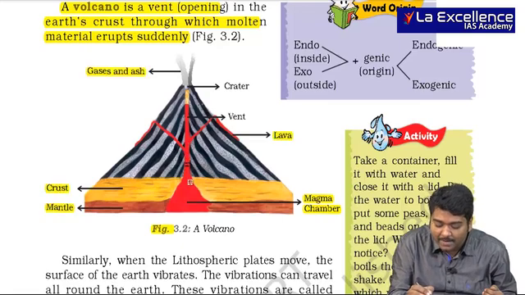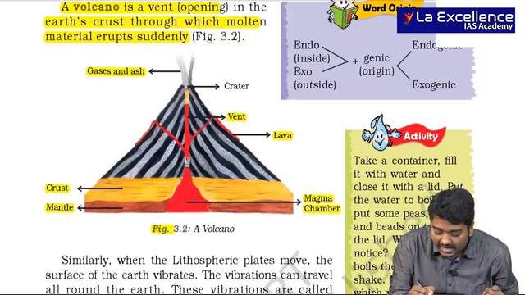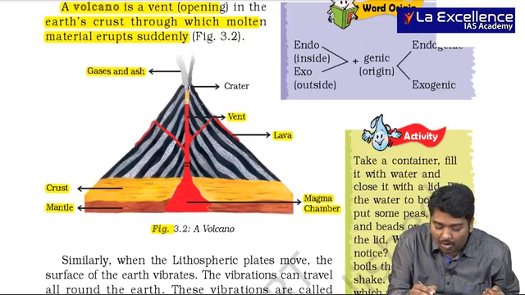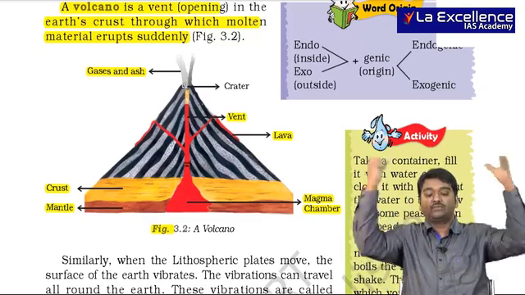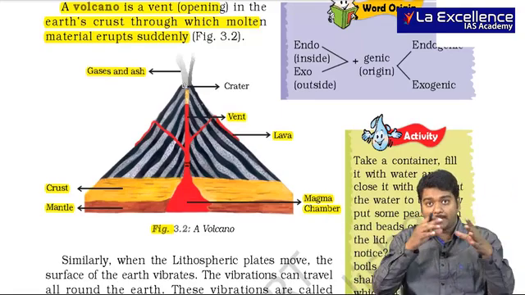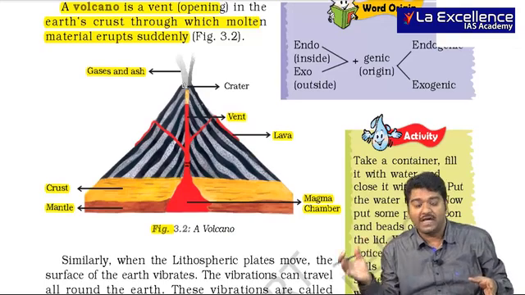This is magma coming out in the space available. Here there are some holes, through this it is coming. This is called a vent, and at the border of the opening it comes out. Either gases or ashes come out or magma flows in the form of lava.